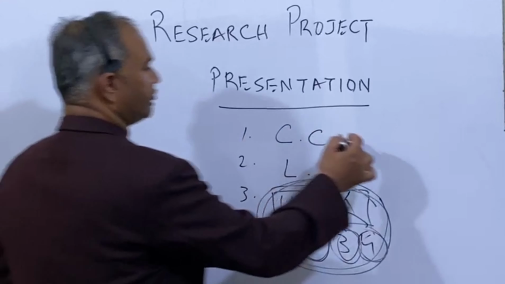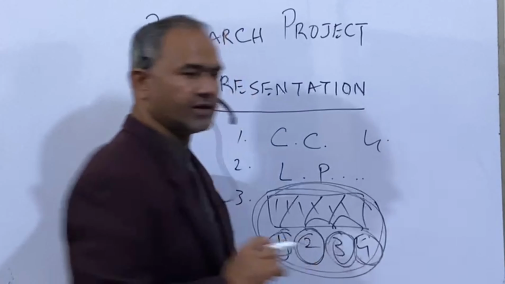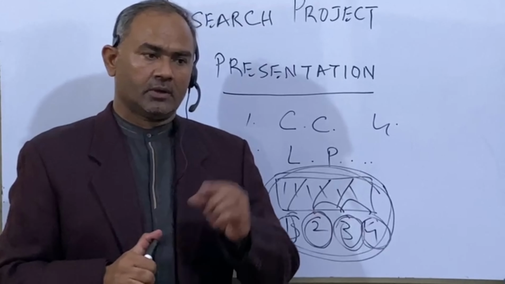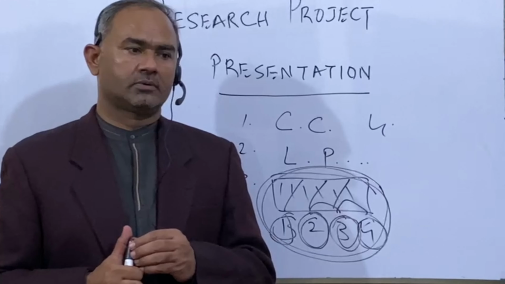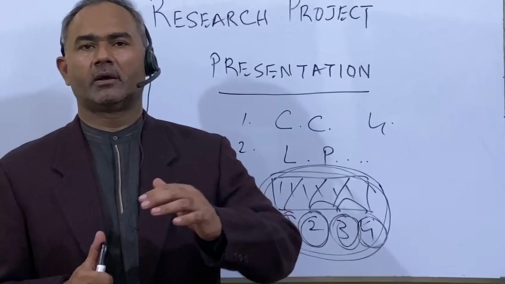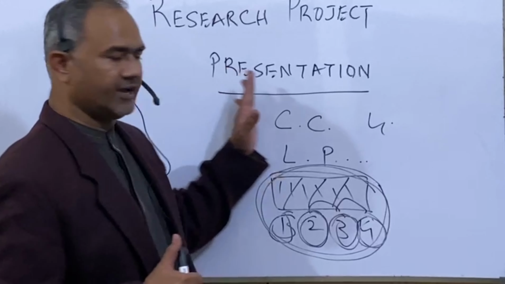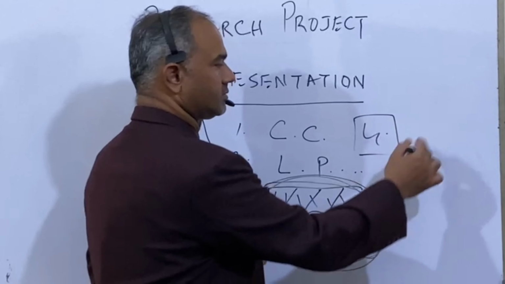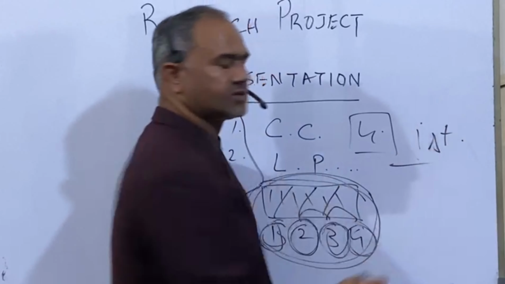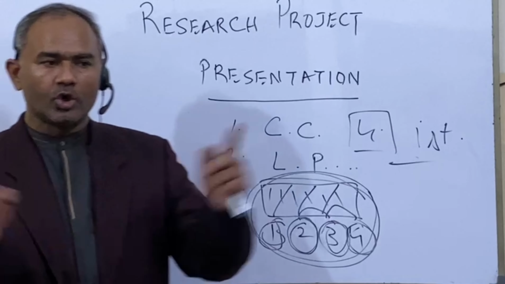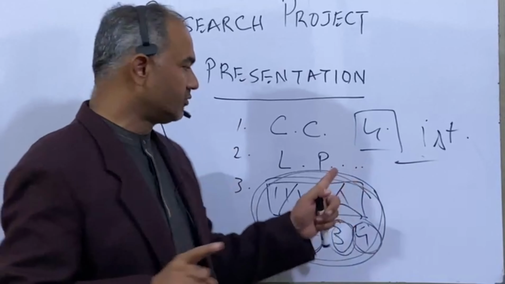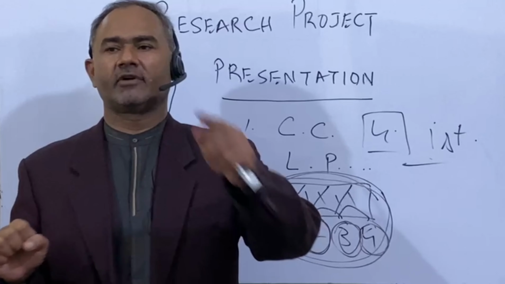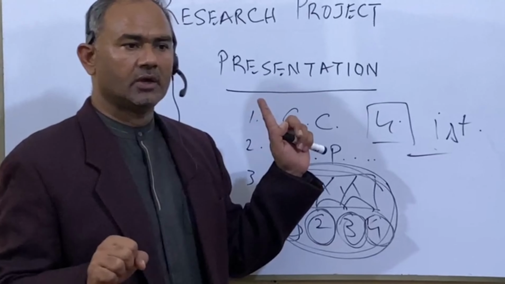Another point we must consider in our presentation is that the most fluent person, who has a good command of words and is already well practiced, must be kept in the first position. The opening person, the door-opening person, must be someone who has a good command of the presentation and good knowledge about it.